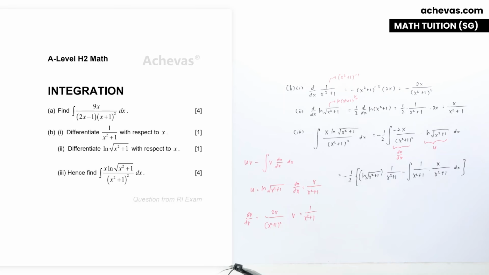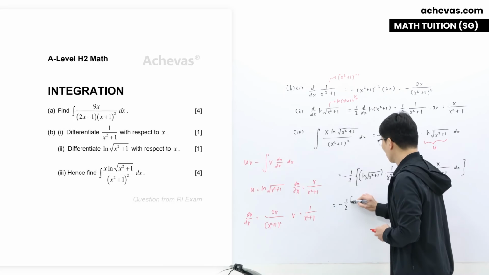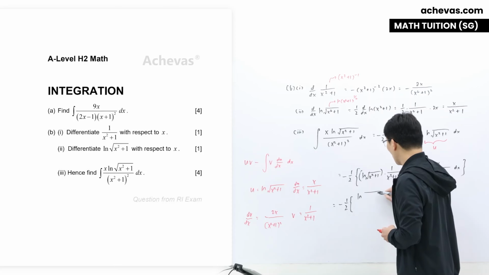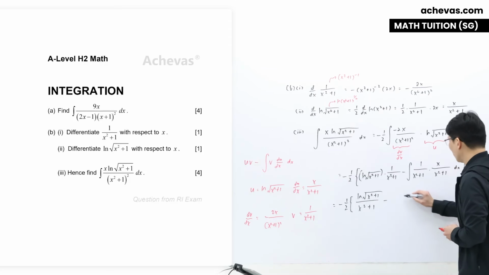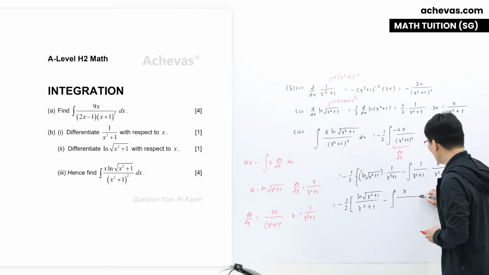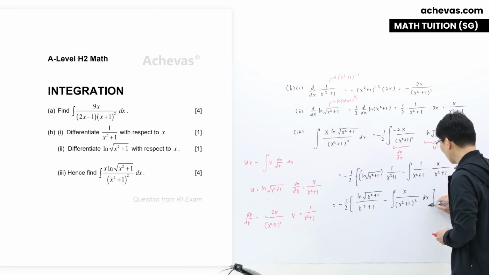Now we can do a bit of simplification. We have a minus half, this will be ln square root of x squared plus 1 over x squared plus 1, minus integration of x over x squared plus 1 whole thing squared dx.